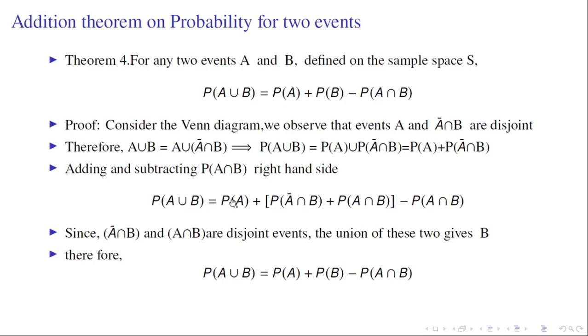So, this is probability of A, this is probability of B minus probability of A intersection B. So we can express probability of A union B as the summation of these two terms minus the intersection of the two terms. Hence the proof.